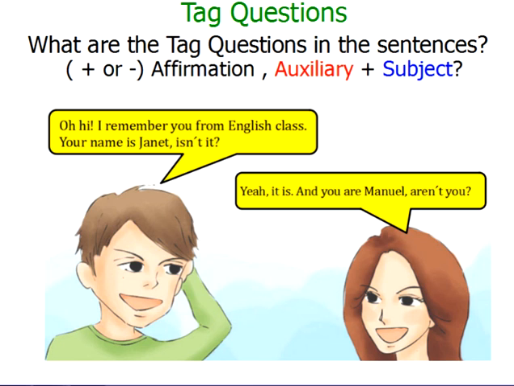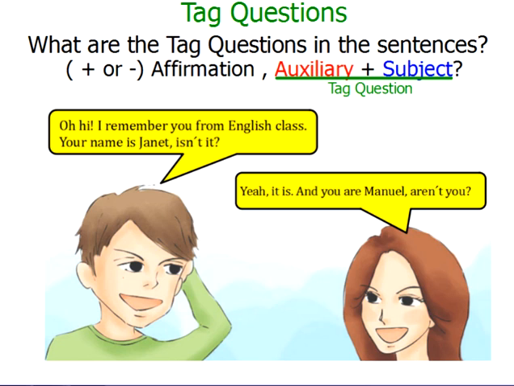Normally a tag question begins with some sort of affirmation, either negative or positive. What makes this a question is that at the end of our affirmation, we have an auxiliary verb and a subject. That is essentially what makes our tag question: the auxiliary and the subject.